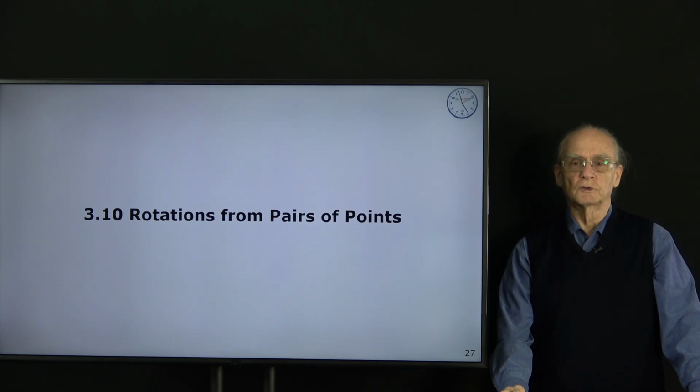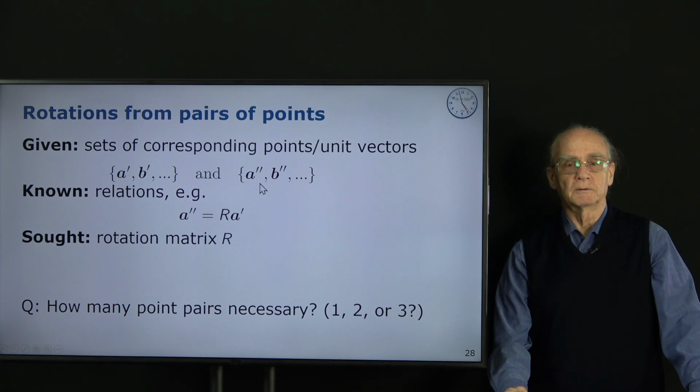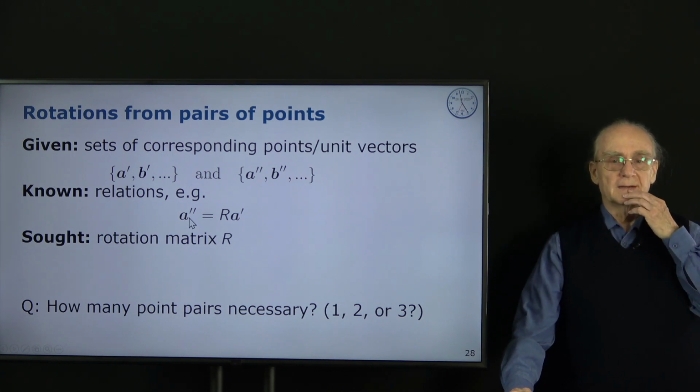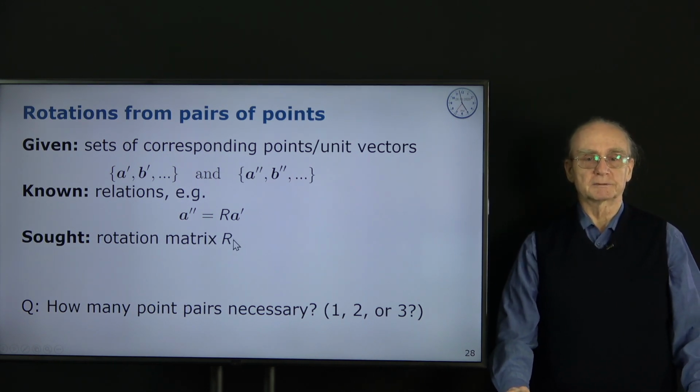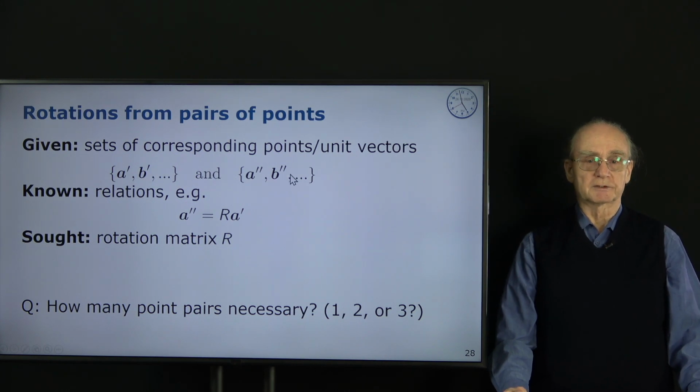If we have only a few points, then there should be simpler equations. So let's assume we have a set of corresponding points, A prime and A double prime, B prime and B double prime, related, for instance, by: if you rotate A prime by R, you get A double prime. The unknown is the rotation matrix, and we want to derive it from these two sets of vectors.